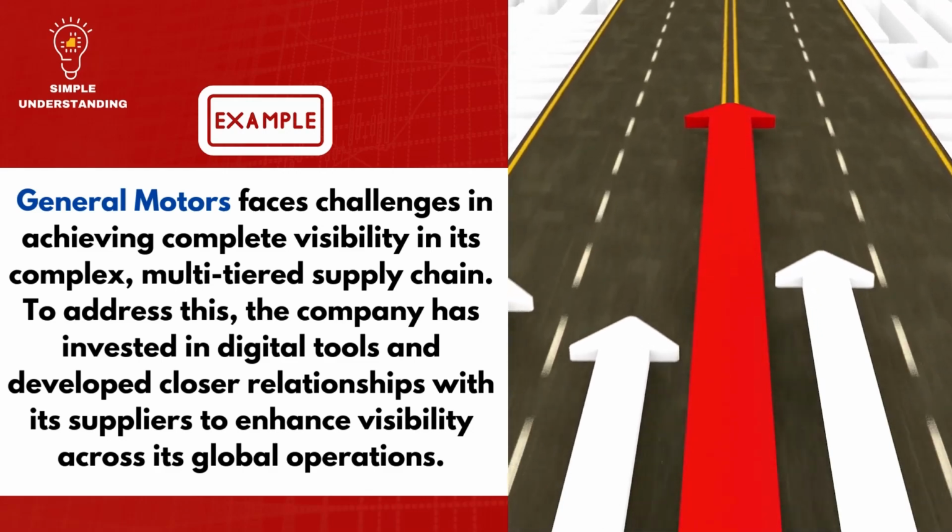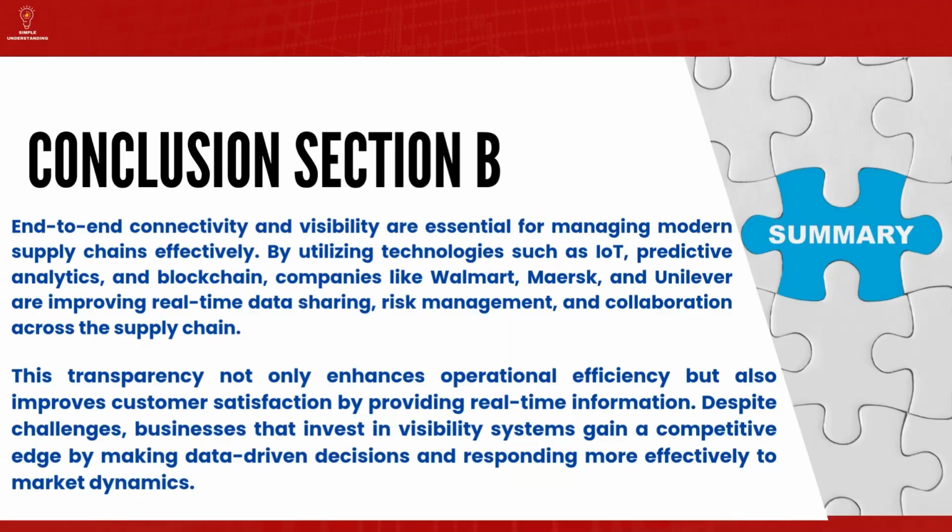across its global operations. Summary: End-to-end connectivity and visibility are essential for managing modern supply chains effectively. By utilizing technologies such as IoT, predictive analytics, and blockchain, companies like Walmart, Maersk, and Unilever are improving real-time data sharing, risk management, and collaboration across the supply chain.